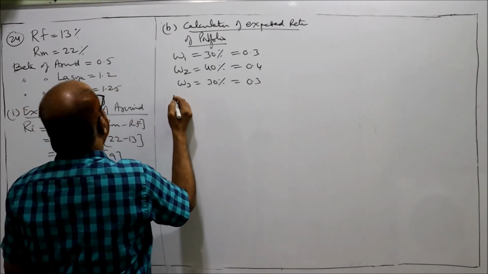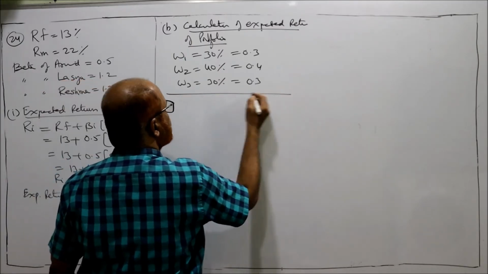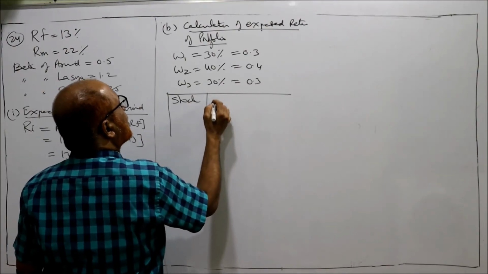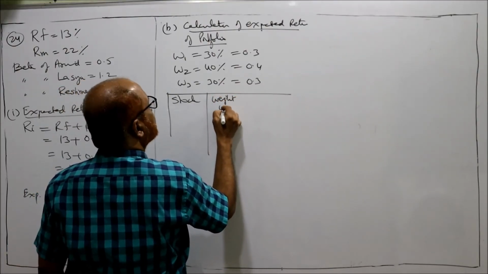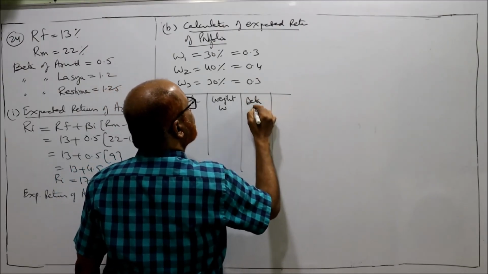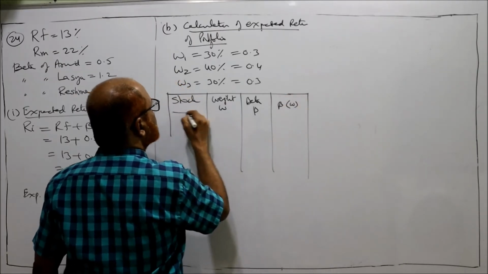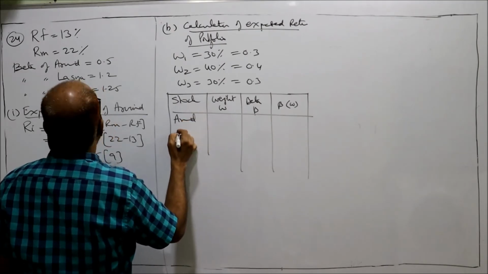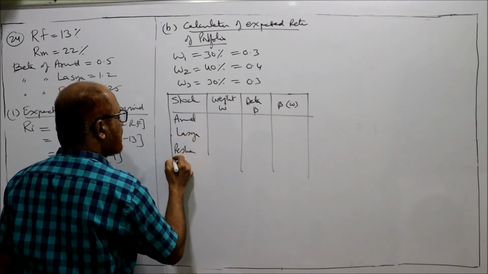Portfolio, beta of the portfolio. Stock, weight, beta, product, weighted beta. First Arvind, second Lasya, third Reshma.